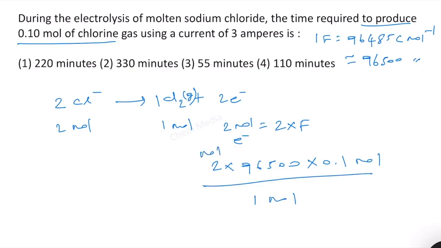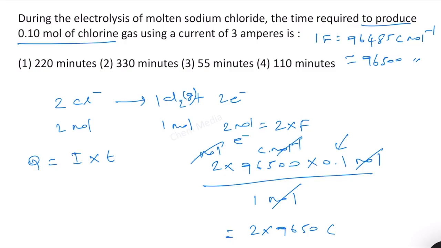This is mole, this is coulomb per mole, and therefore all these things will cancel out. We can write this one as 2 times 9650 coulomb, because this is 1 by 10, isn't it? So that's the charge we require to get 0.1 mole of chlorine gas. Now we know that number of coulombs charge is equal to current times time, and therefore time we can calculate.